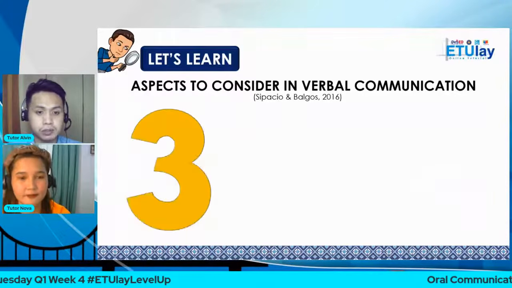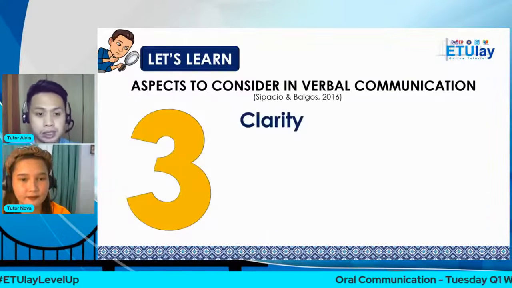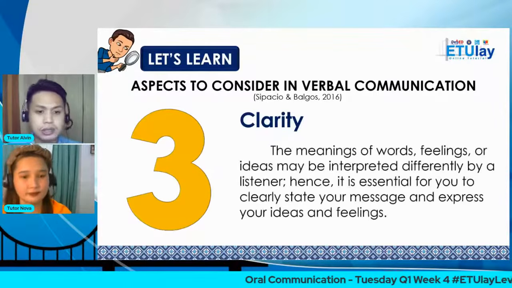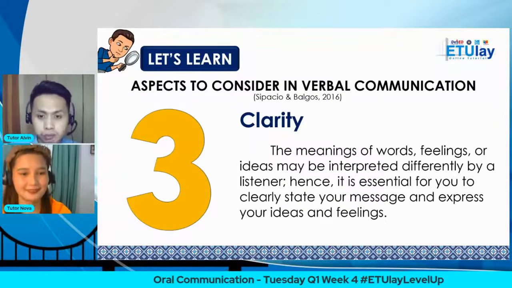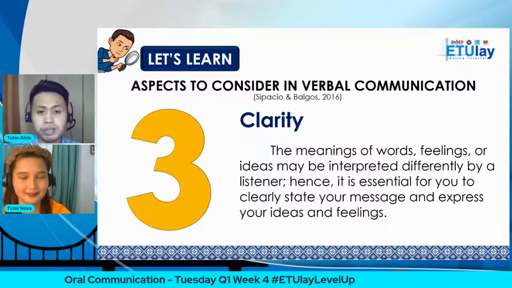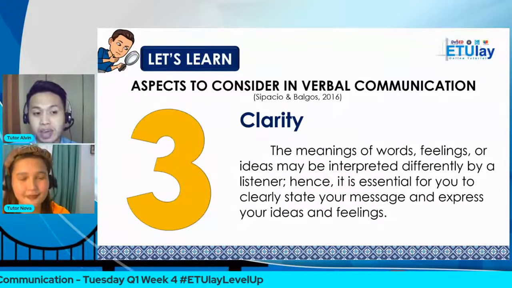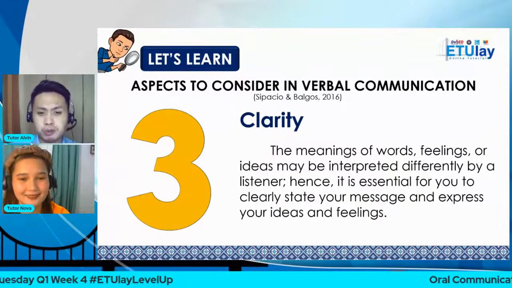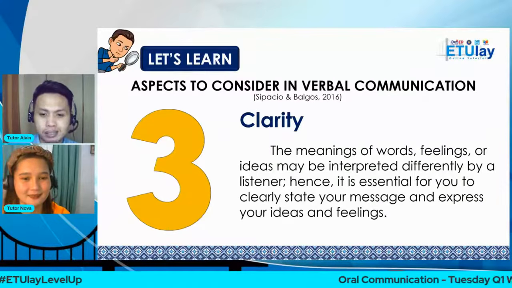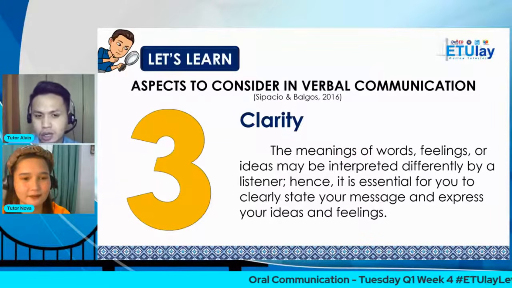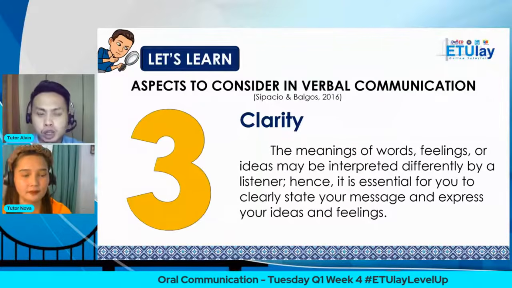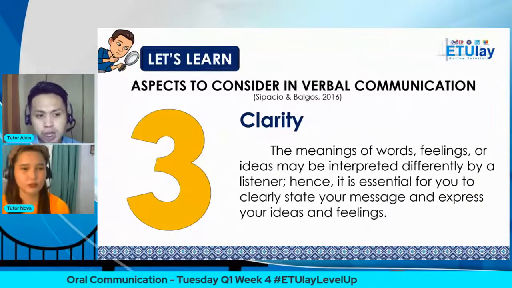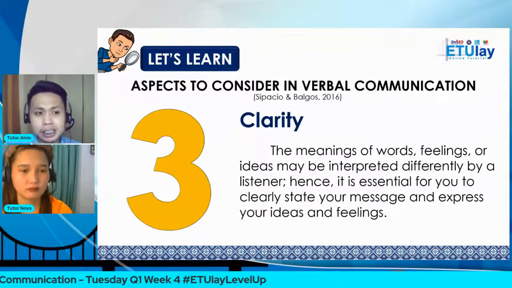The third aspect to consider is, of course, clarity. So clarity is that the meanings of words, the feelings or ideas may be interpreted differently by a listener, right? So hence, it is essential for you to clearly state your message and express your ideas and feelings. So in clarity, we're avoiding double meaning. So you have to make sure that what we are saying is clear enough.